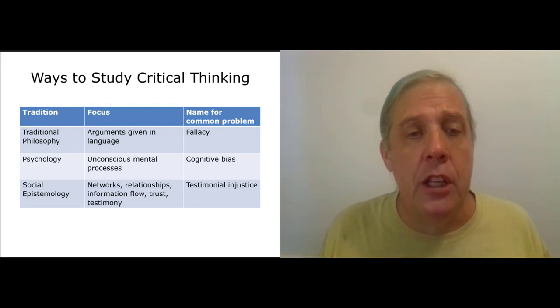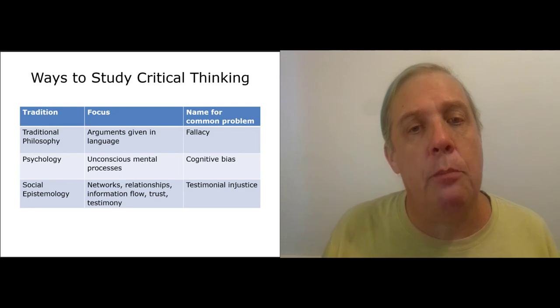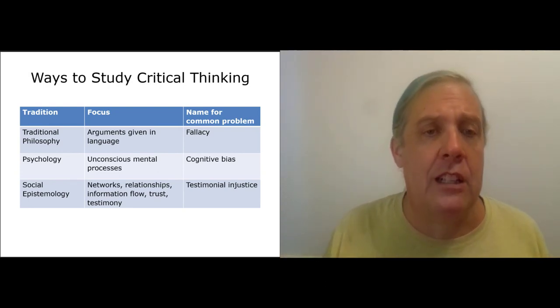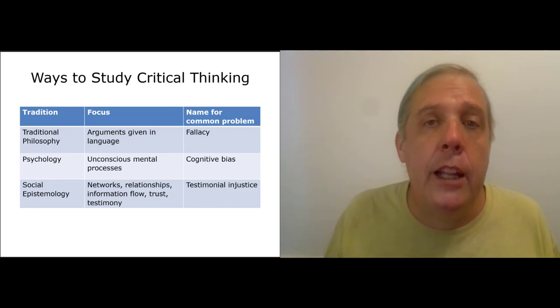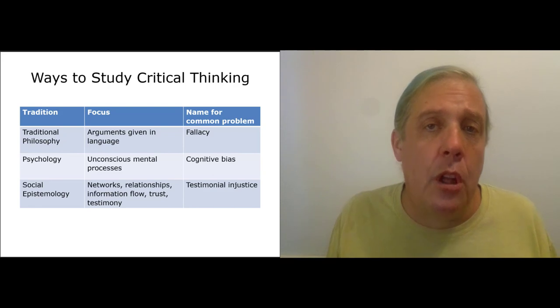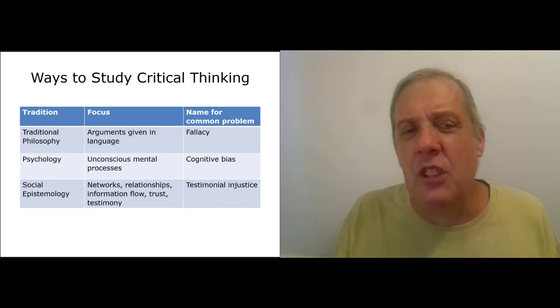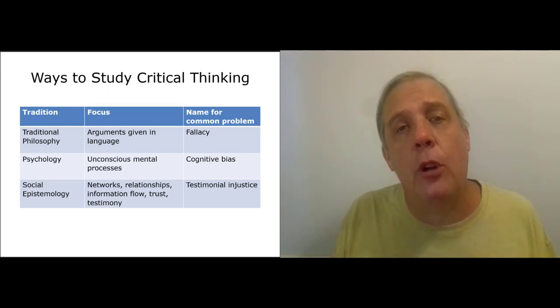In psychology, they focus more on unconscious mental processes, and there the name for the common problem is a cognitive bias. And the third approach we're going to be looking at is called social epistemology. And it looks at things like networks and relationships and information flow, trust, testimony.